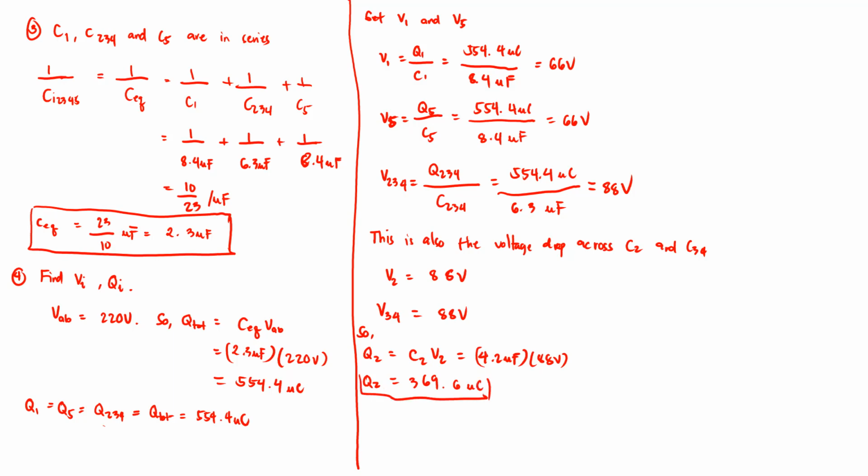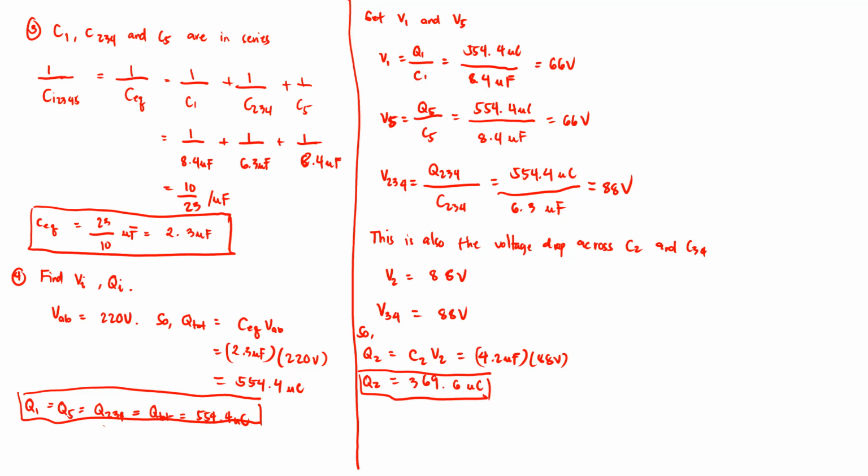So far we have obtained Q1, Q2, and Q5, and also V1, V5, and V2. What is left to find is V3, V4, Q3, and Q4.